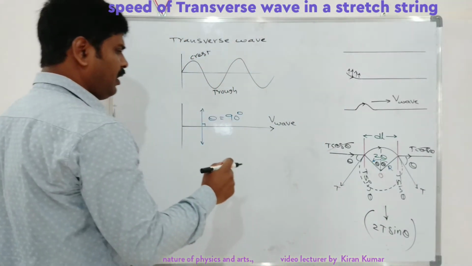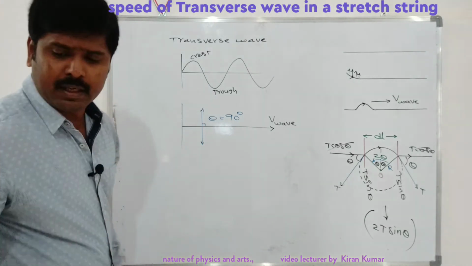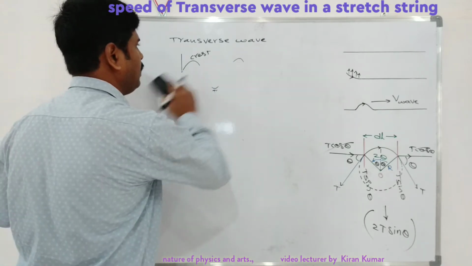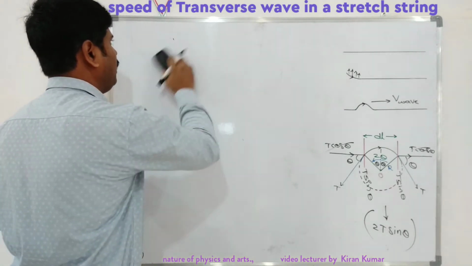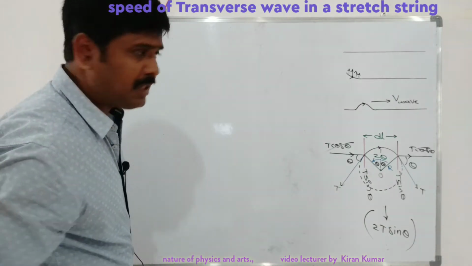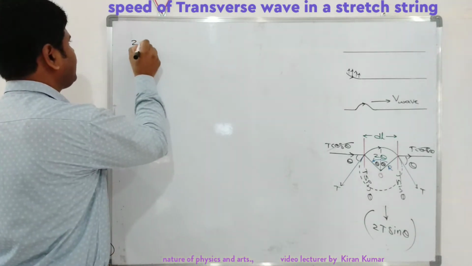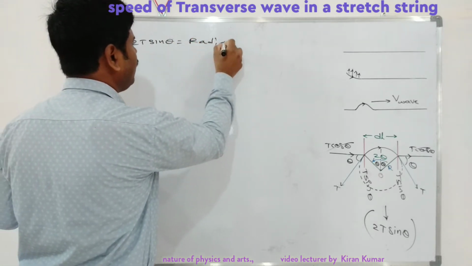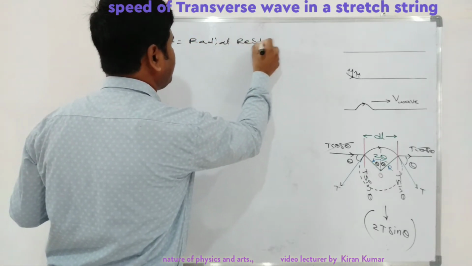Now this 2T sin theta is taken as the radial restoring force.